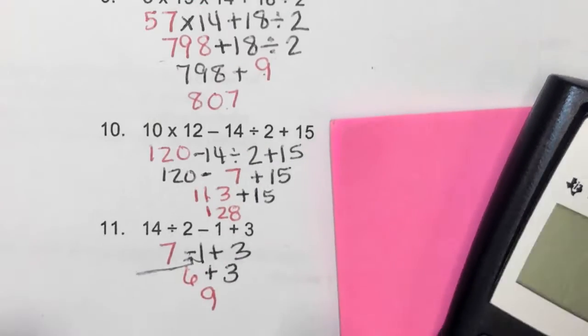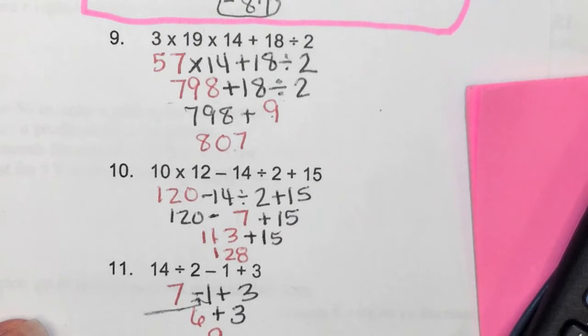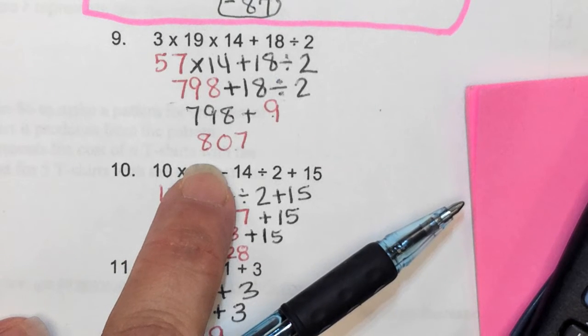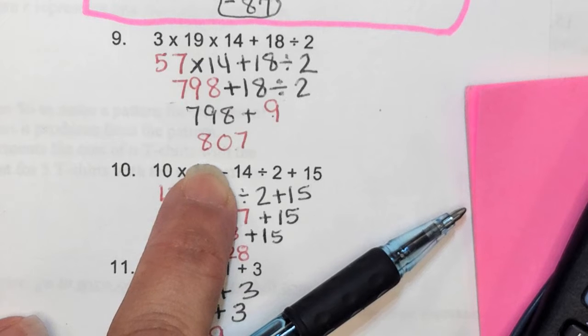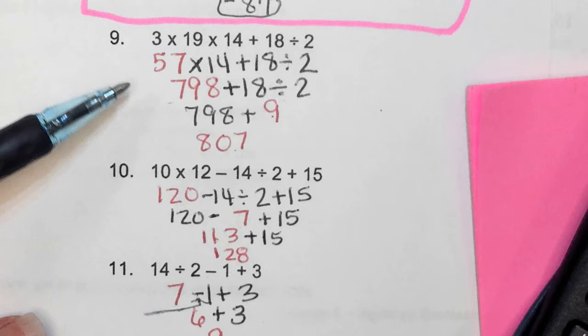Number 9 was a little big, but it was doable. Did you get that? I must have messed up. Listen, did you get 400 and something? I got 17. Got to add. I'm not positive.